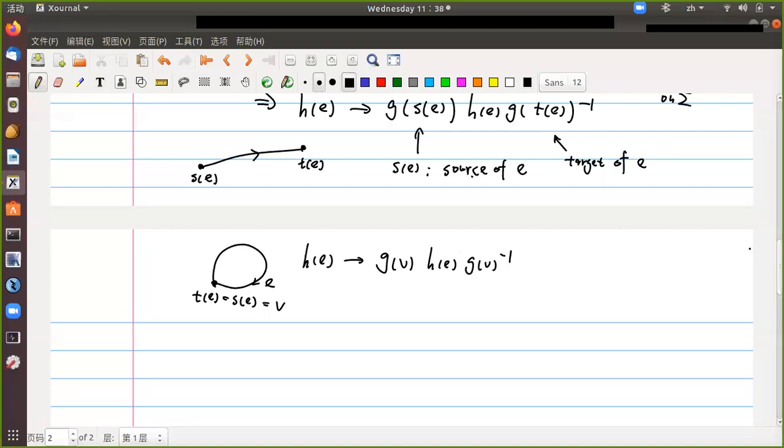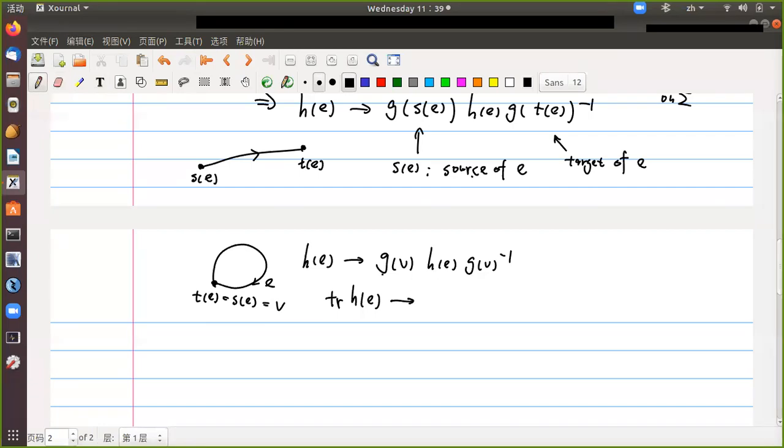Suppose you define a variable, which is the trace of H_e. Its gauge transformation is the trace of the sandwich g_V H_e g_V inverse.